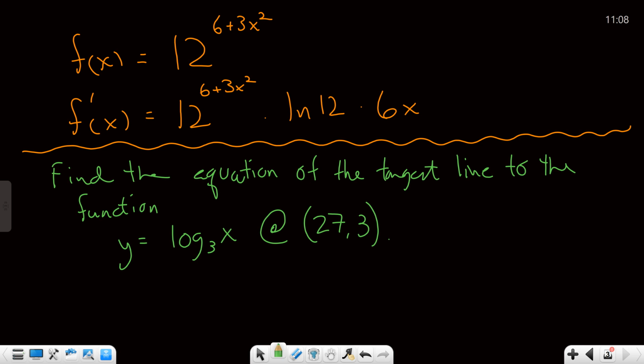So you would answer with a form for the natural log. That's the general equation of the slope. We know the slope at that point.